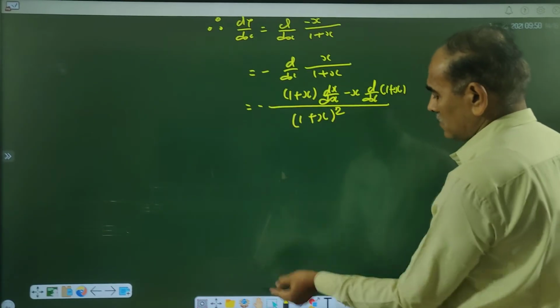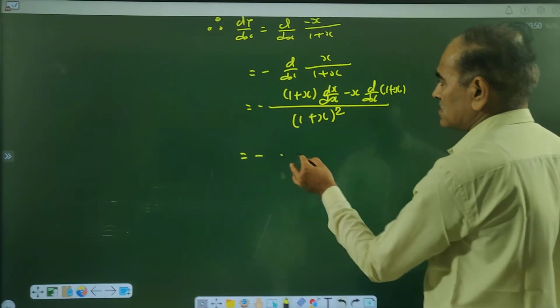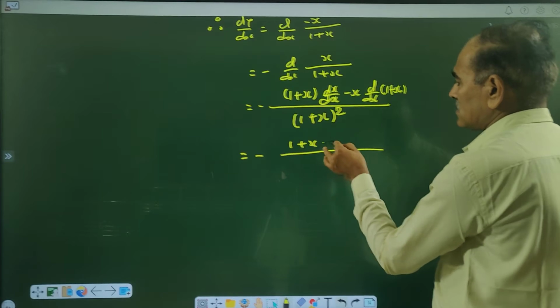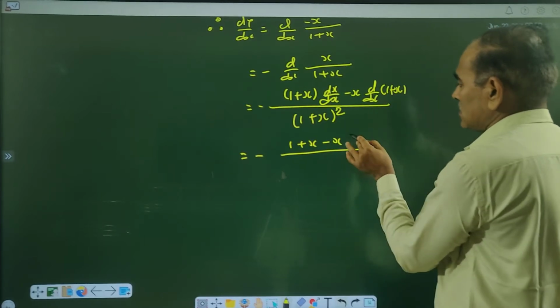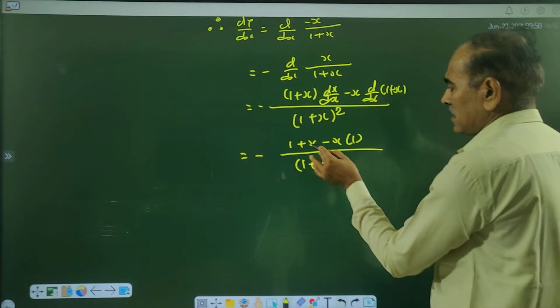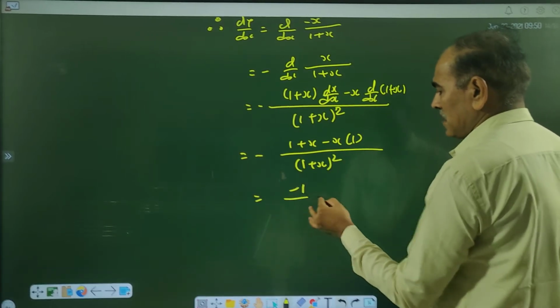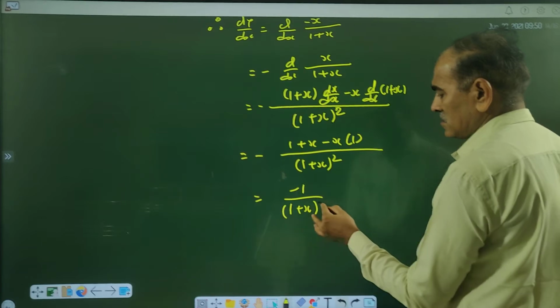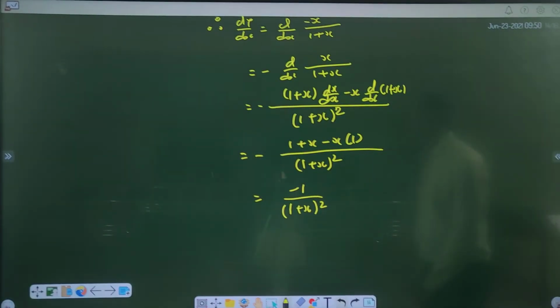So what we get is 1 plus x minus x, derivative of 1 is 0 and derivative of x is 1, over 1 plus x whole square. The x gets cancelled. Minus 1 over 1 plus x whole square. And that is the thing we want.